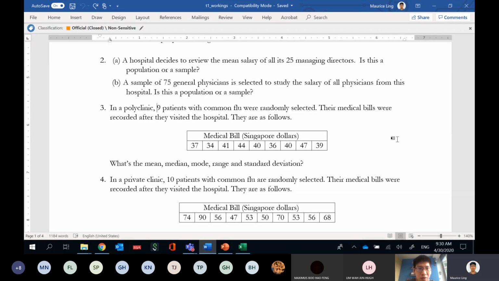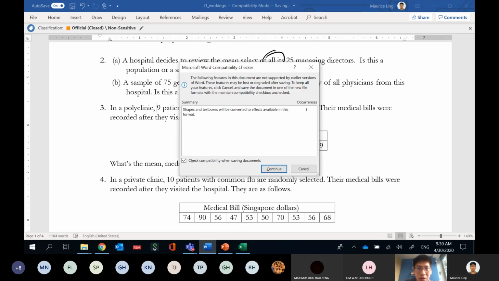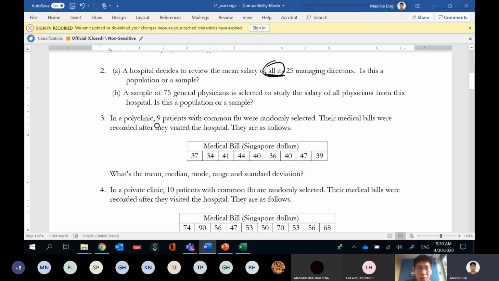Population, sir. Why population? Because the keyword in the question is "all" of its managing directors. Because of "all", it makes it a population. Okay, so population here.